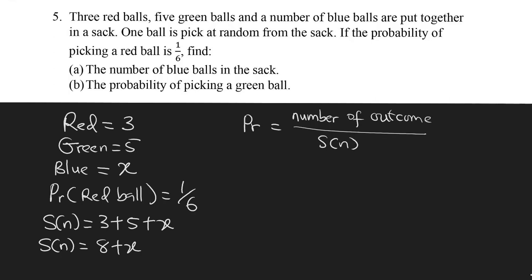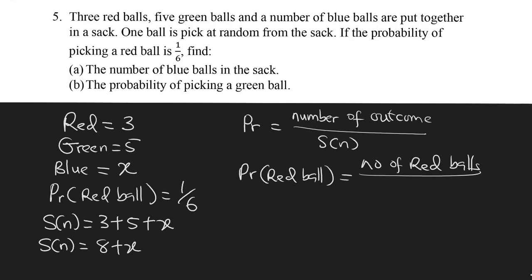So in this case, the probability of getting a red ball is equal to the number of outcome, that's the number of red balls, over sum of number space.